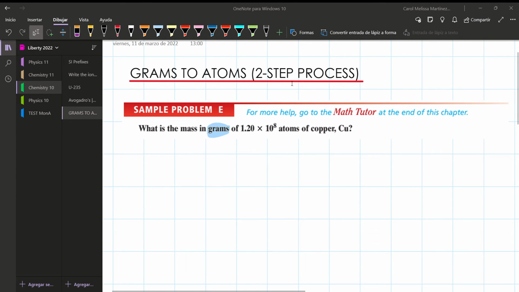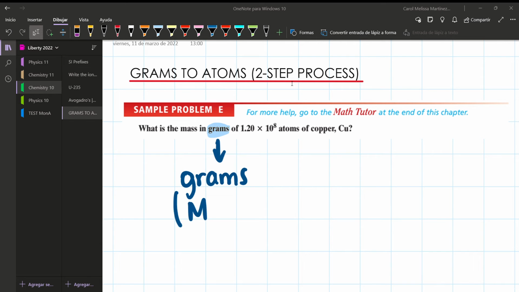But remember I said, when we have a word like grams, what do we need to use as a conversion factor? Molar mass or Avogadro's? So the word grams tells you that you need to use molar mass.